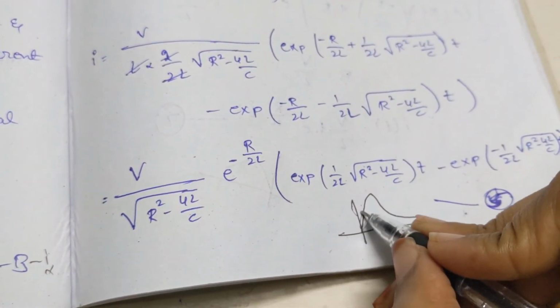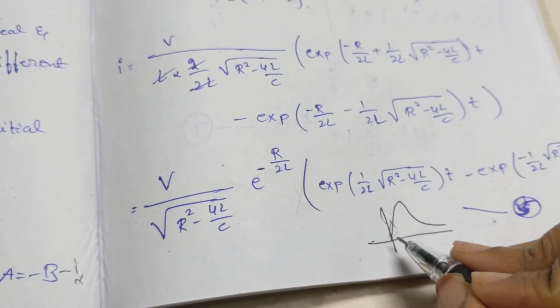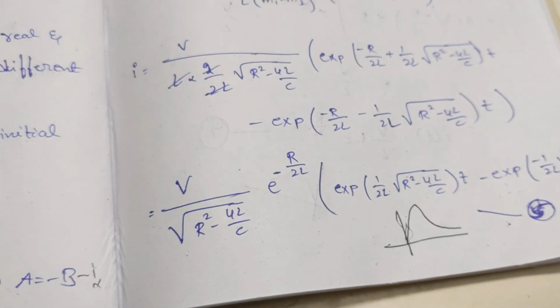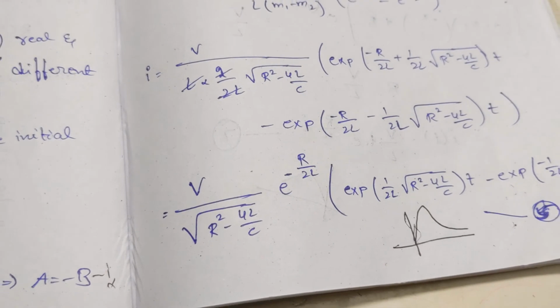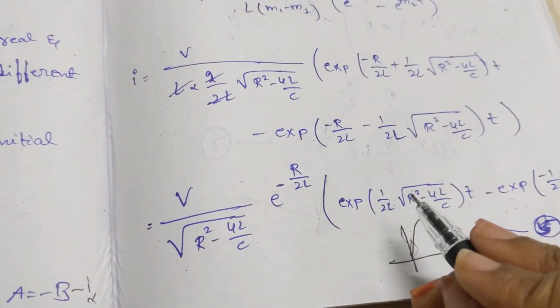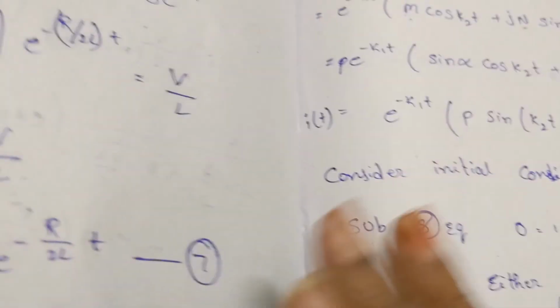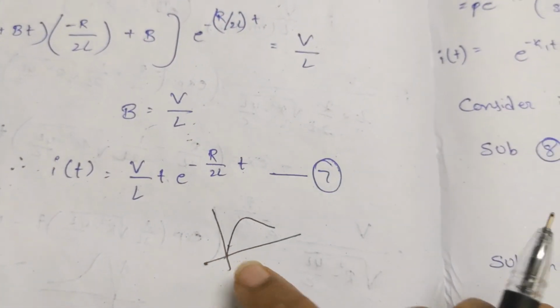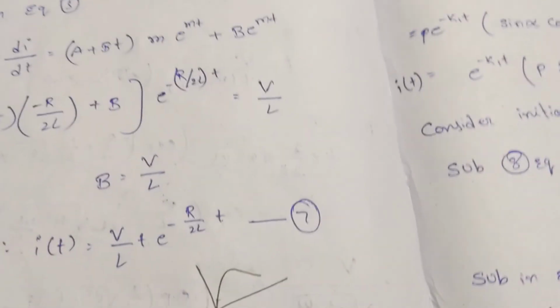Here the rise time is very small. In a small amount of time it shoots up in value. The rise time is very small for the difference of exponential terms. Please make sure that this is an exponentially decaying term.